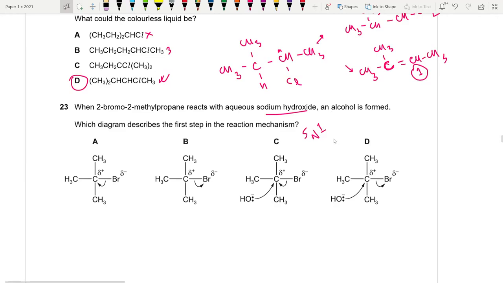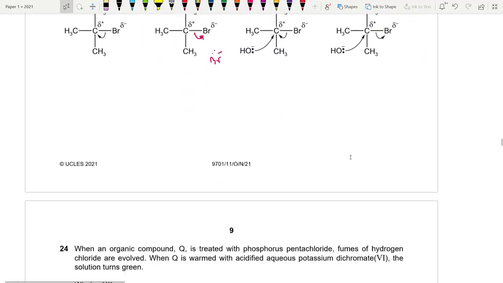So in the first step, remember in unimolecular or SN1 reactions, a carbocation is produced by heterolytic fission. So C and D are wrong because the first step is a slow step and the carbocation is produced, and the arrow should point towards the direction of bromine because we get a bromide anion. The arrow should point in the direction of the species that gets the electrons. So 23 should be B.